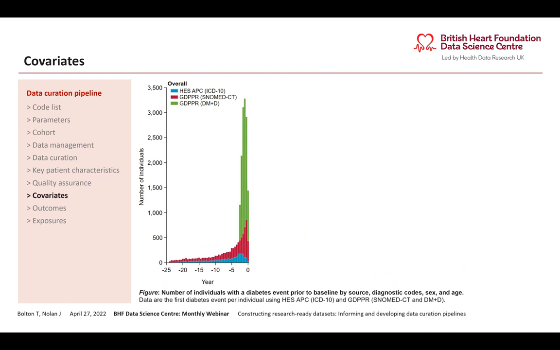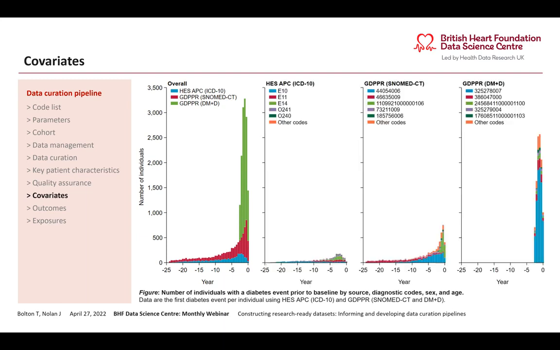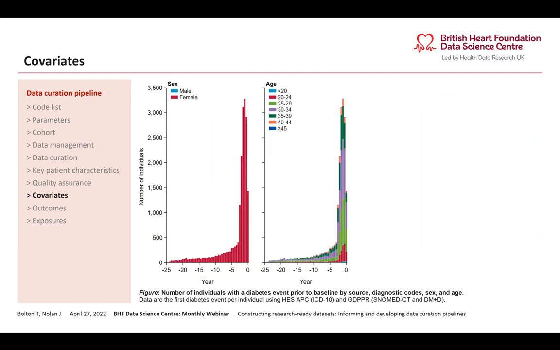We can see that the DMD codes are only available more recently, as John alluded to earlier. And we can separate these out so we can look at the codes with the highest frequency for each data source and coding terminology. And we can also look at the distribution by key patient characteristics, such as sex, which is obviously not so informative for this cohort, and age group.